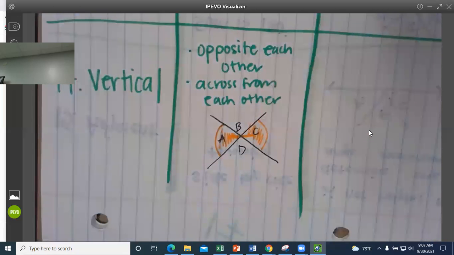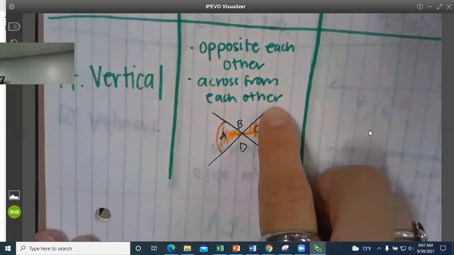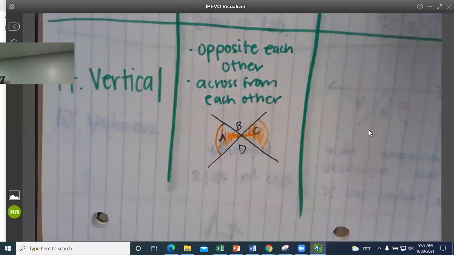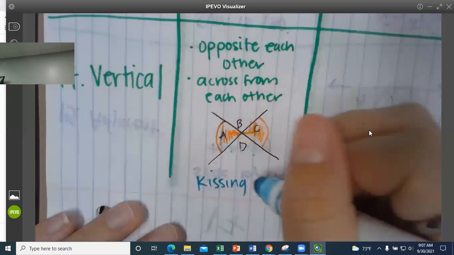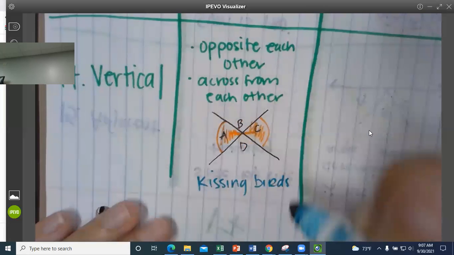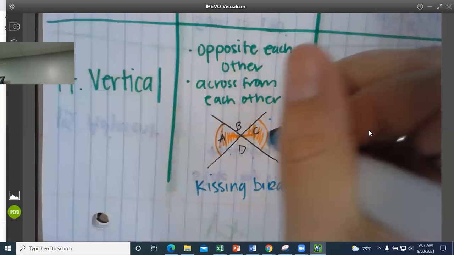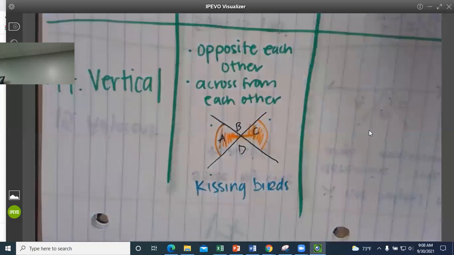What we call these, it kind of looks like the peak of like a bird. So we call them kissing birds. That's the visual that you'll hear me say, kissing birds. Like they put a little eye right there, and they're kissing birds.